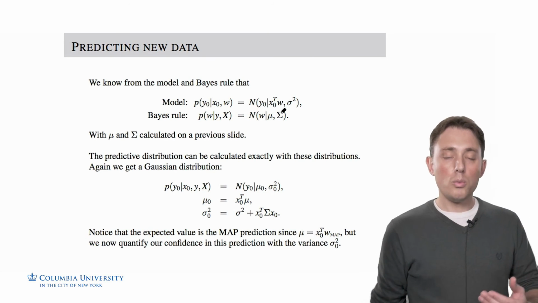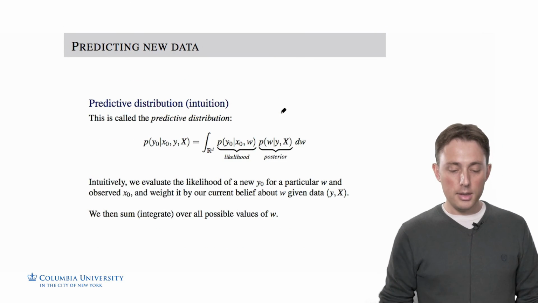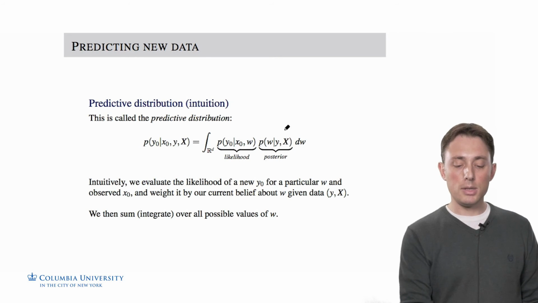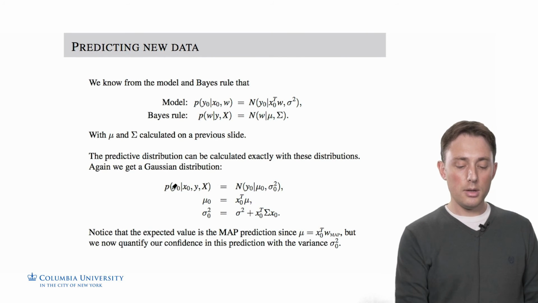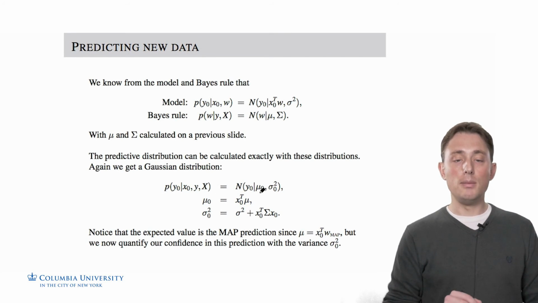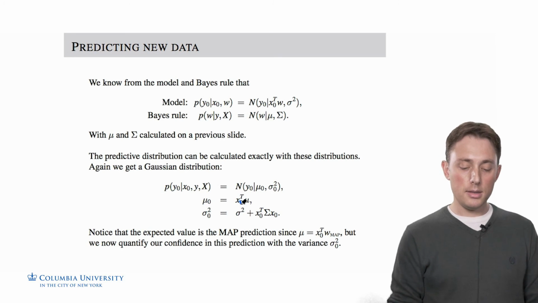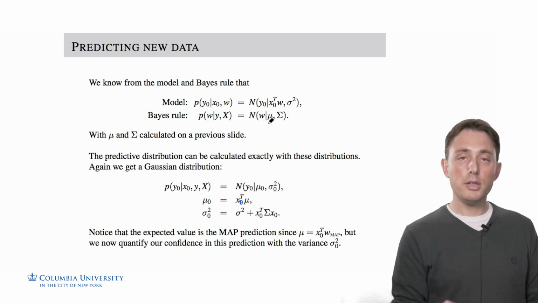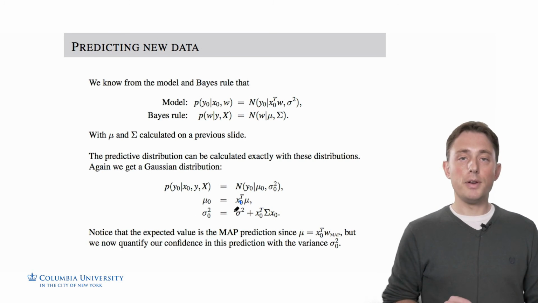So I won't work through the integral, but what we can show by calculating this integral using the Gaussian representations for these distributions is that the predictive distribution of y naught given x naught, given y and given x, is also a Gaussian with mean mu naught and variance sigma naught squared, where the mean is equal to the dot product between x naught and the posterior mean of w, and the variance is equal to the noise variance of the model.